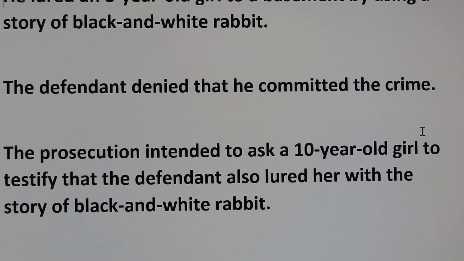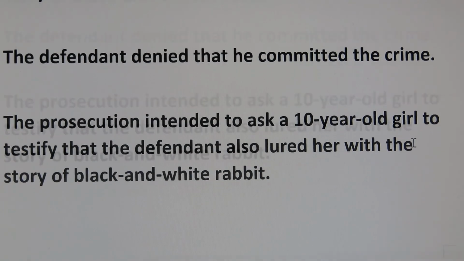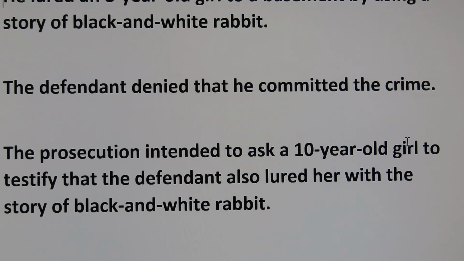So we need to examine whether in this case we had a unique or distinctive method in the way the crime was committed. The ruling of the court was that there was a unique or distinctive feature of committing the crime, and this feature was the story of finding a black and white rabbit.